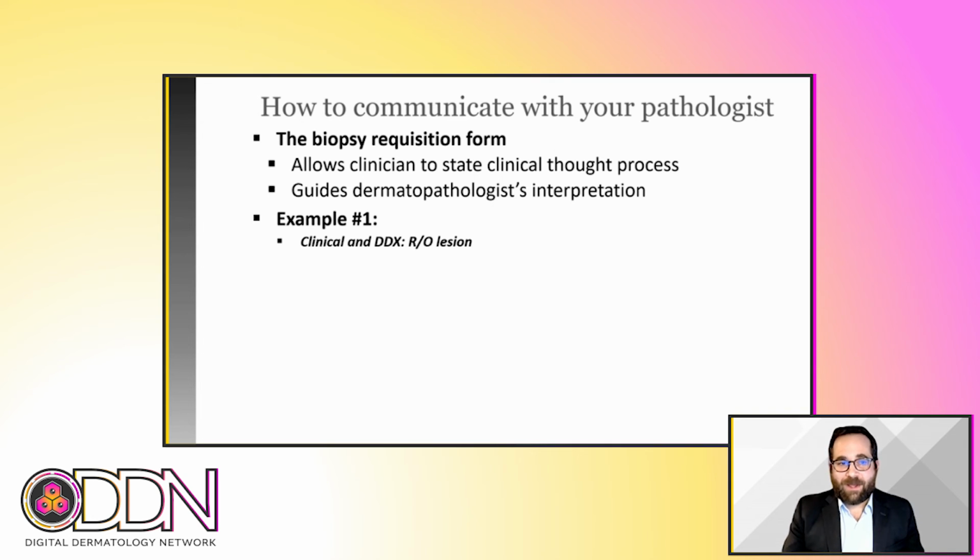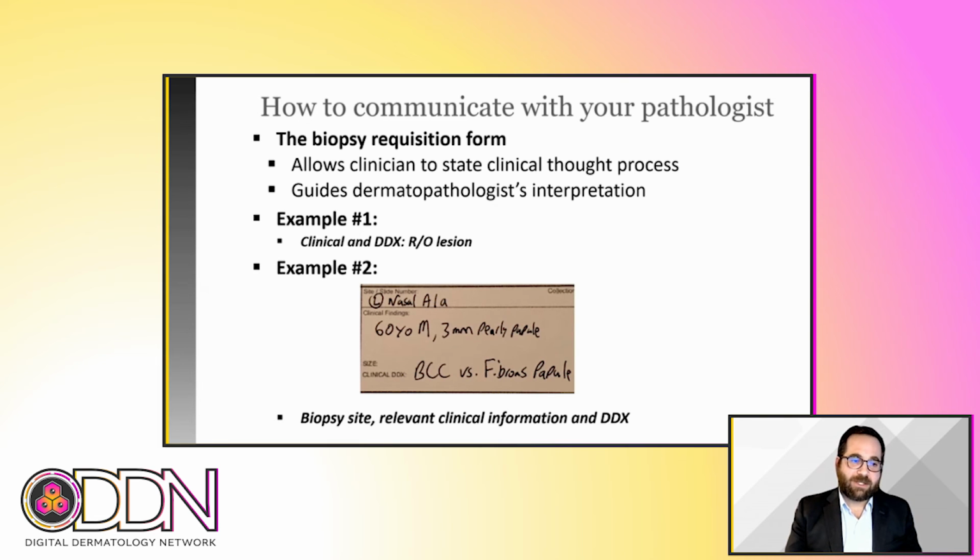In the first example here, just listing "rule out lesion" is not really adequate to guide the thought process for the interpreting dermatopathologist. However, providing biopsy site, the relevant clinical information, and a brief differential will ensure that your dermatopathologist can give you the type of information back that you're looking for.